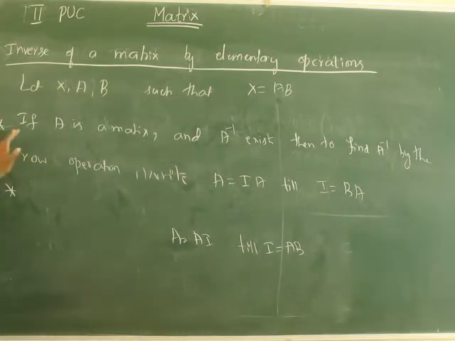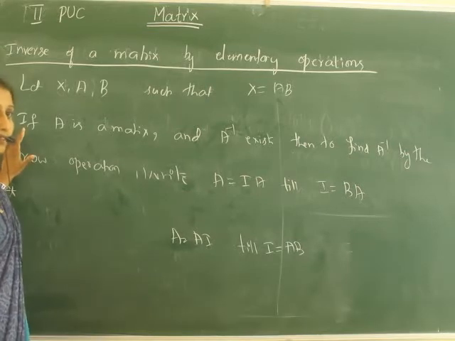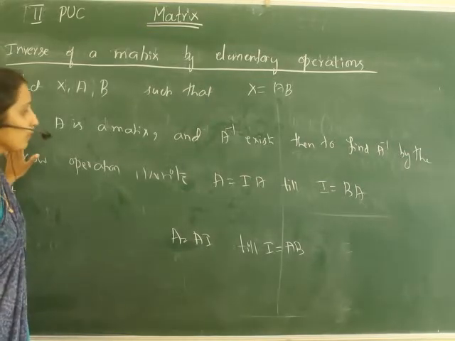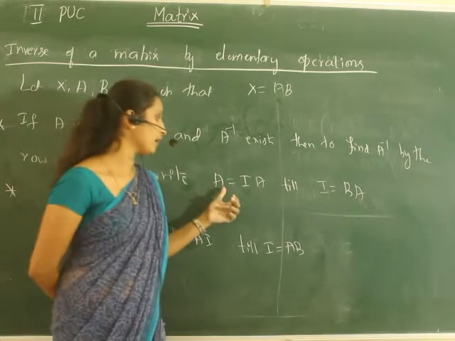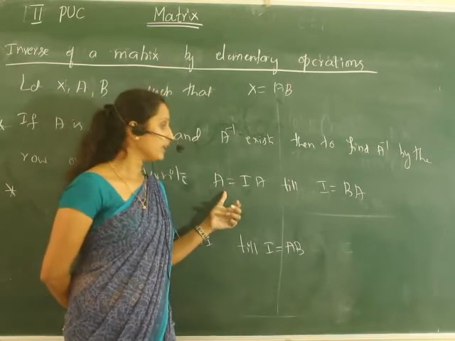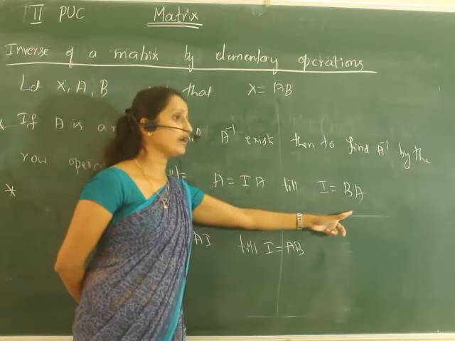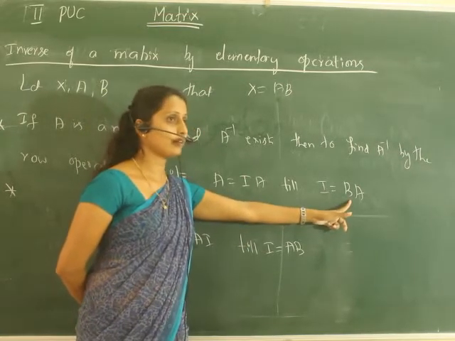So if a matrix is given and we have to calculate its inverse from the row operations, first we write A is equal to IA until we get I is equal to BA. Here B is called the inverse of the given matrix.